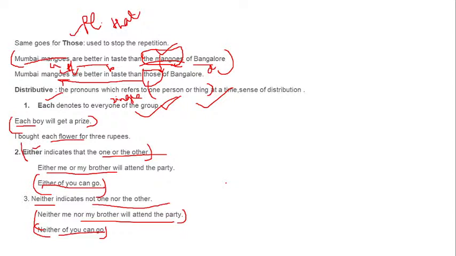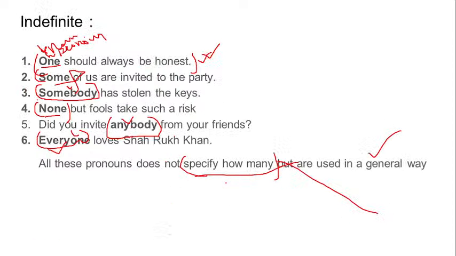Either means one or the other, and neither is not one or the other, no one of the two. Indefinite is something which is not specific. It will not be specified. It's just a general outlook. One, somebody, anybody, nobody, everybody, all will be used for living things.